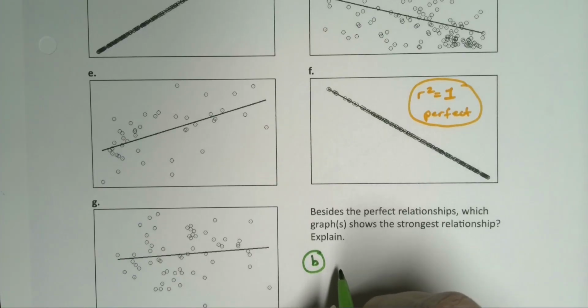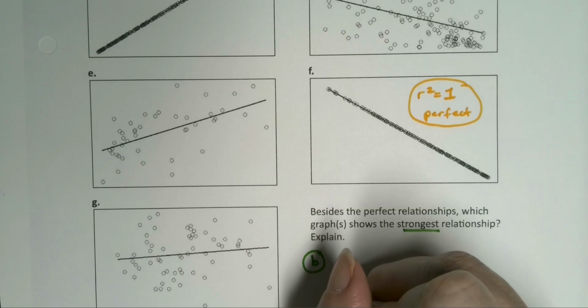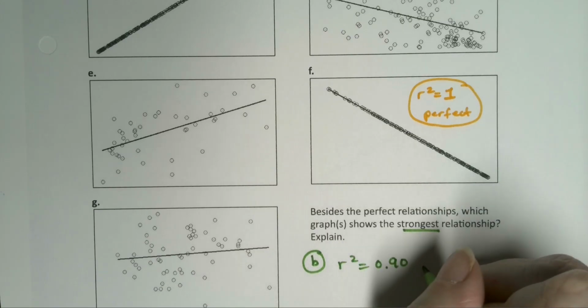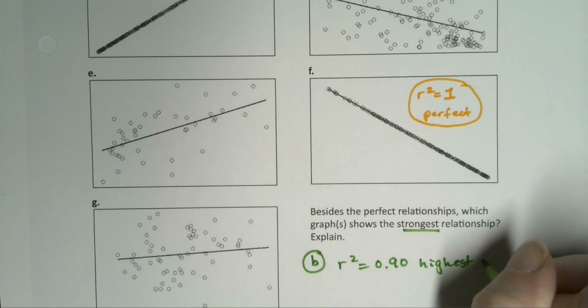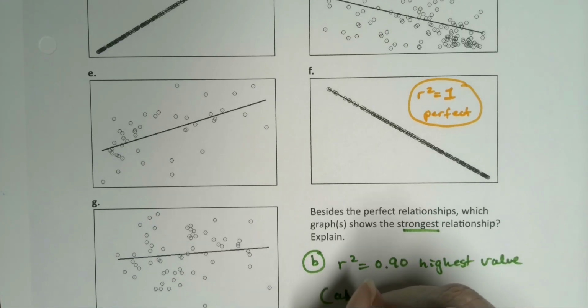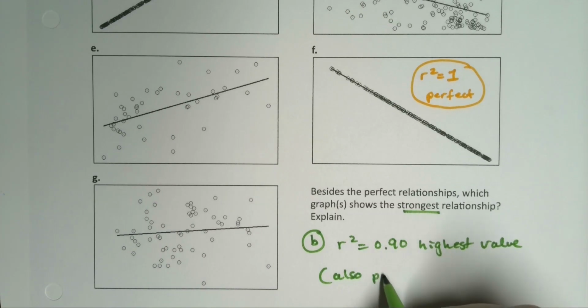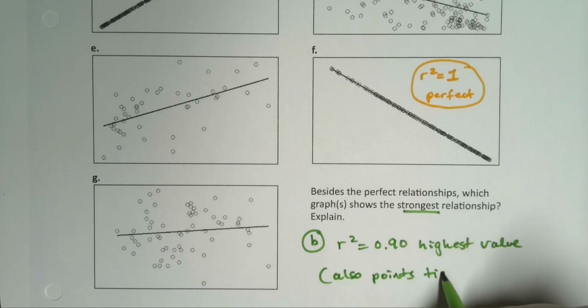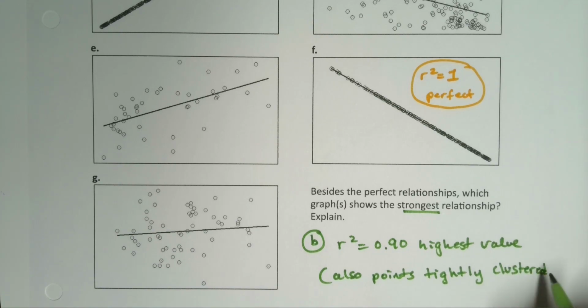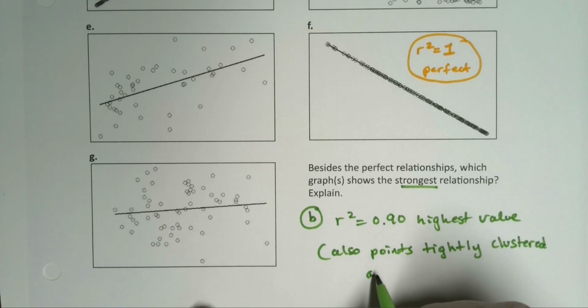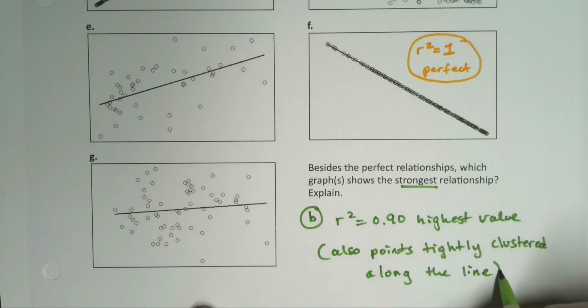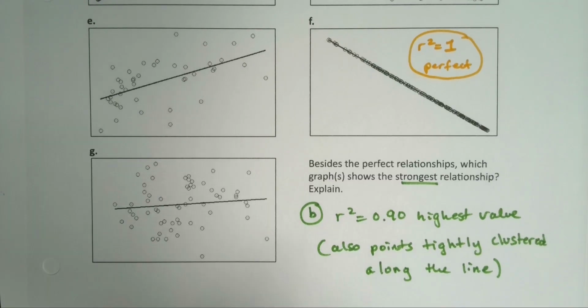B is the strongest relationship because the r squared, which is 0.90, is the highest value, and also the points are the most tightly clustered on the line. Remember, that's how we measure strength visually: you look at how the points are clustered along the line. And of course, the perfect ones are exceptions to this. That's why it said besides the perfect ones, because the perfect ones are the best, but we don't generally have those in a stats class. They're more an algebra class trick.